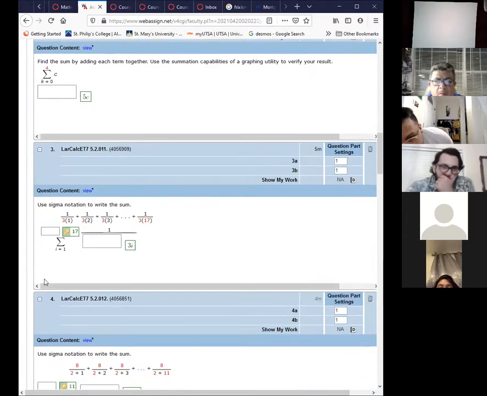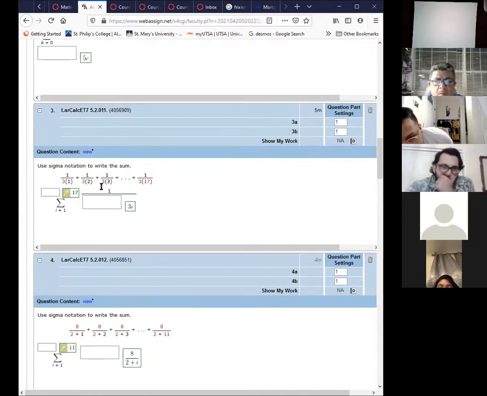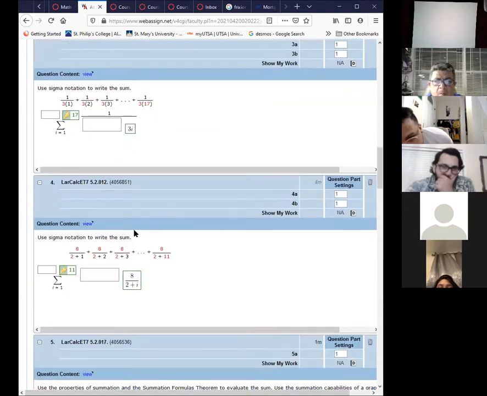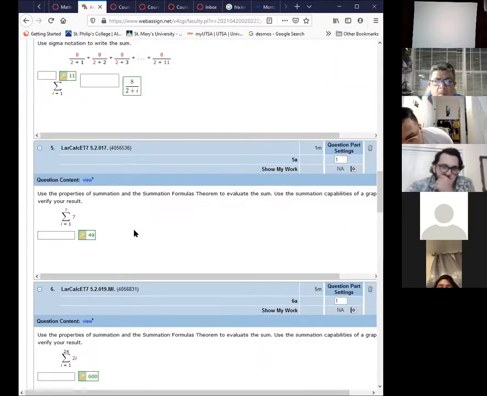Let's see here. Here we're just writing a summation, so who cares? This one would simply be 7 times 7, right? That's what the formula says. Yeah, see?